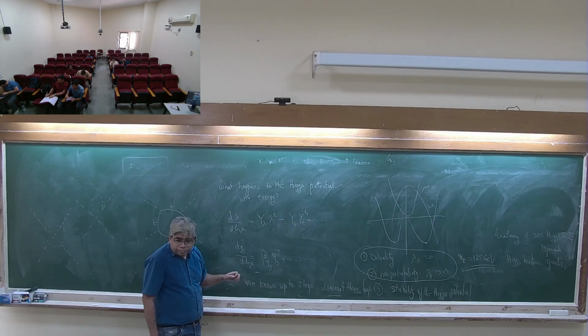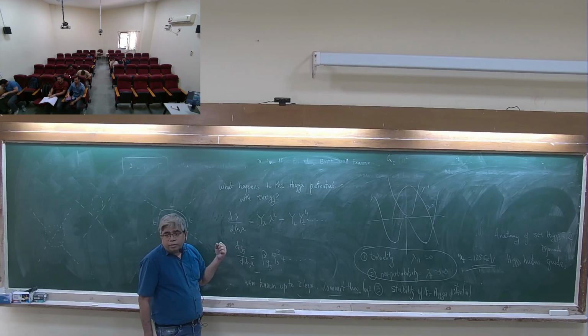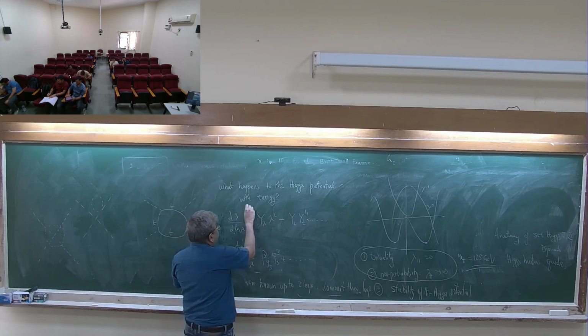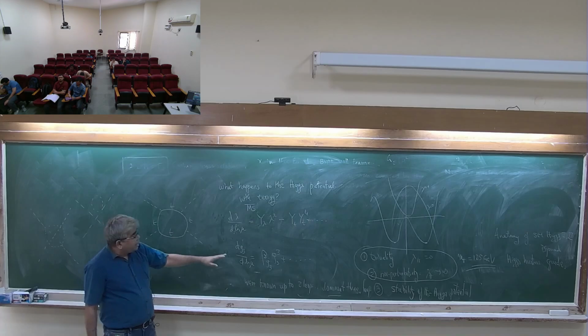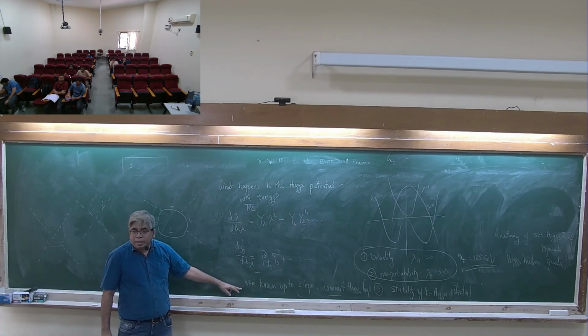The differential equations are written in a particular scheme. They are always written in the renormalization scheme of MS bar. Now you want to extract all the MS bar parameters and match them with experiment.